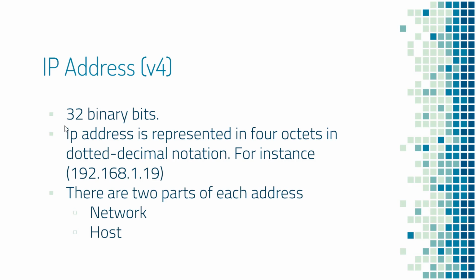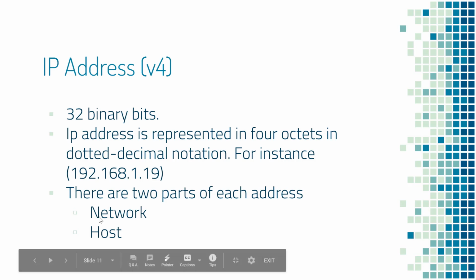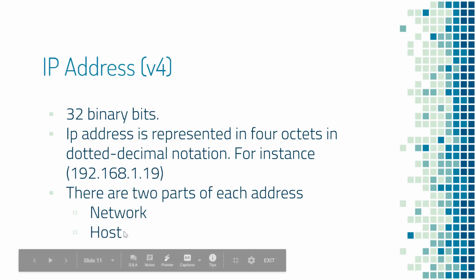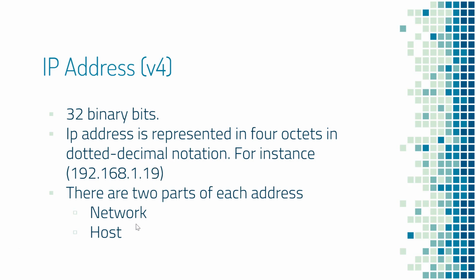Most of the time, you will see 2 parts of each address. One of them is the network. For example, we can say the first 3 octets here are the network address, and the 4th octet is the IP address of the individual PC that you are trying to reach.